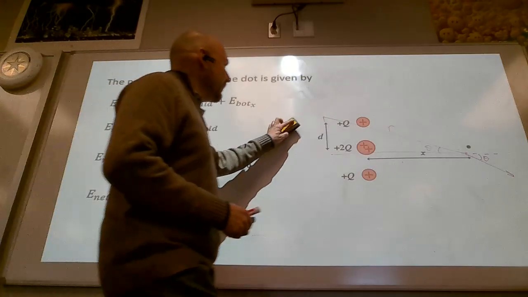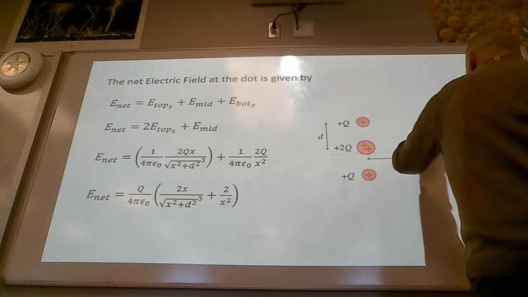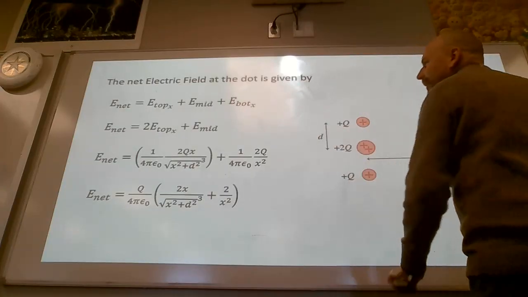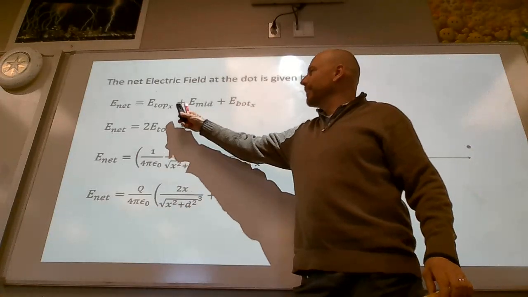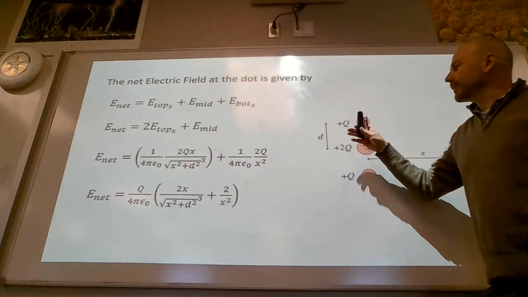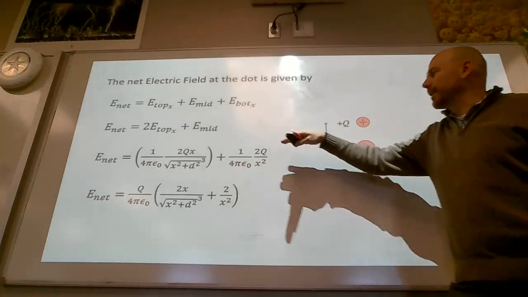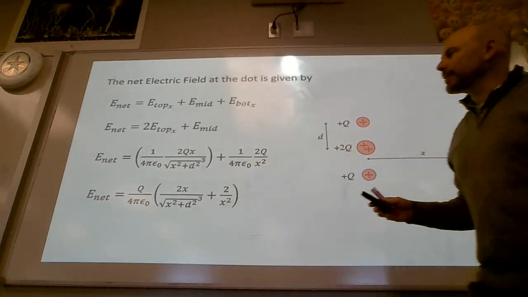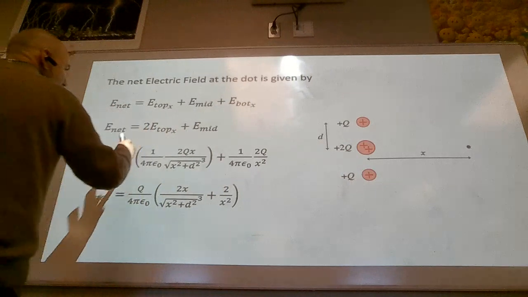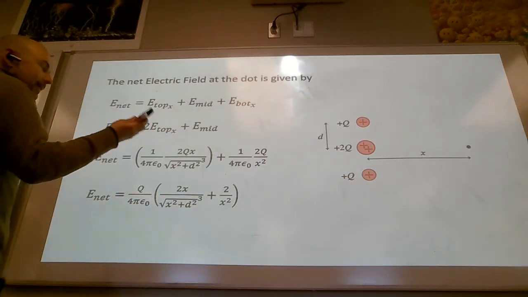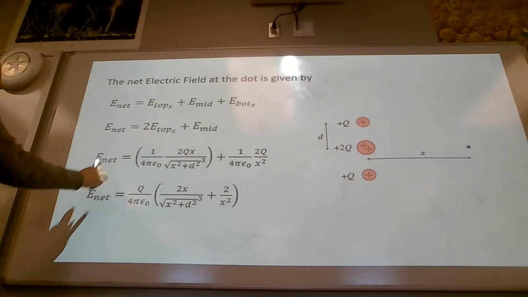So we're finding the net electric field. So the x component of the top, x component of the bottom, and the electric field of the middle. The top and the bottom are symmetric.